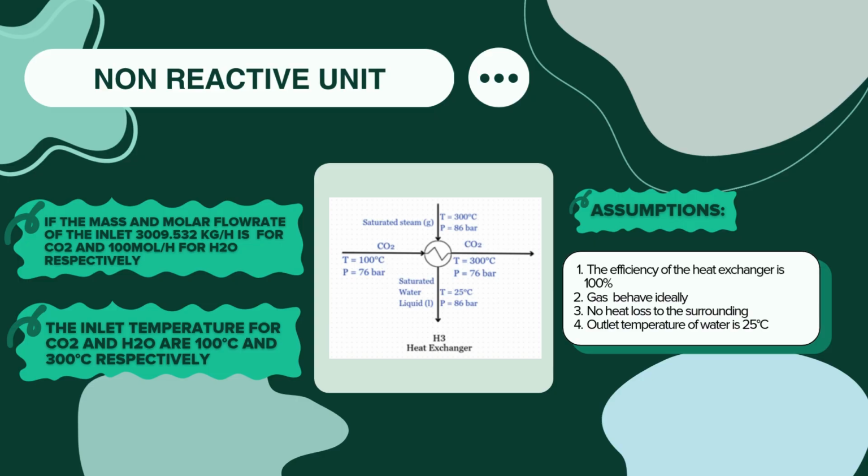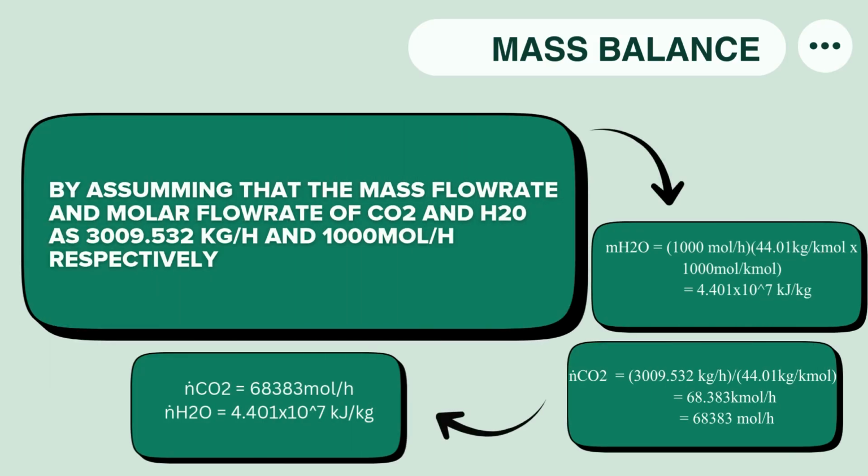For the mass balance, from the value given, we need to calculate the mass flow rate for the saturated steam. Assuming the molar flow rate of the saturated steam is 1000 mol per hour, we can change it into mass flow rate by multiplying with the molar mass, and then we get the mass flow rate here.